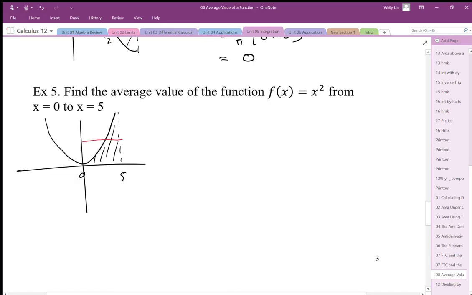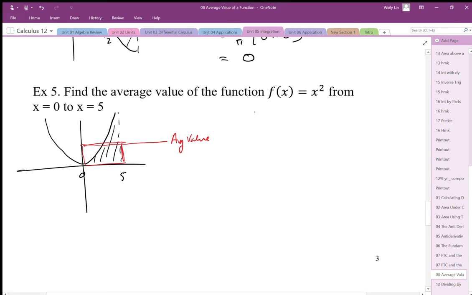Probably even lower than that. Somewhere around there looks to be the average height. Again, what I'm really looking for is how to make this rectangle the same area as the black area there. That should give me my average height right along there. So there's my average value.